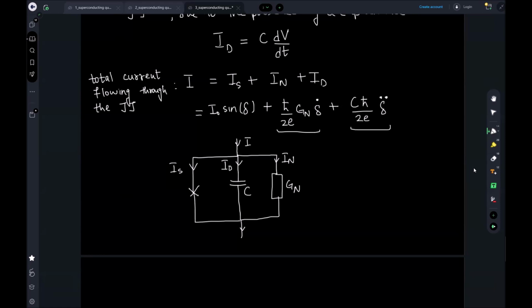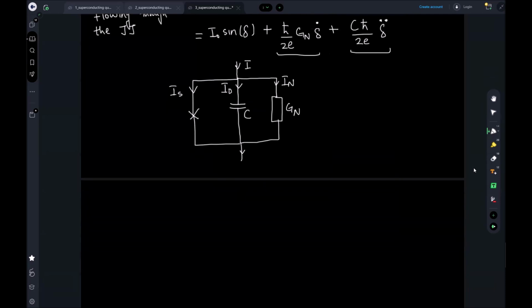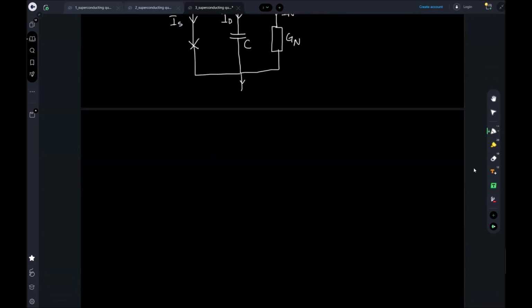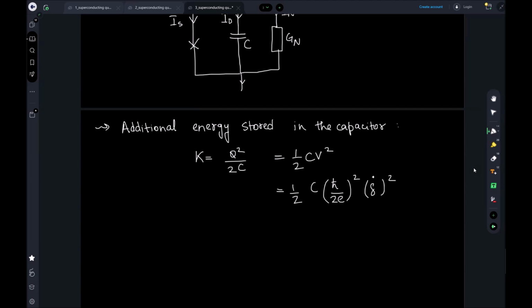Also, just like we calculated the energy stored in the junction, there will be an additional energy that will be stored in the capacitor. So I'm going to now write the additional energy that is stored in the capacitor. And if you remember from before, we had written the energy stored in the junction as E naught times 1 minus cos of delta.